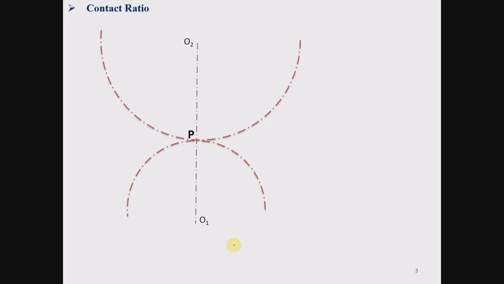The point where both pitch circles meet is called the pitch point P. Then base circle 1 is concentric to pitch circle 1, and base circle 2 is concentric to pitch circle 2.